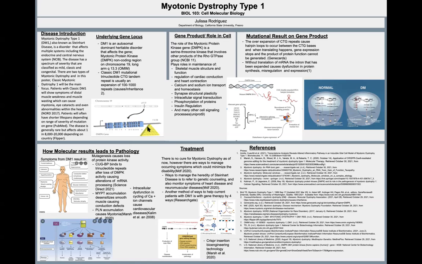Moving on to gene product and role in the cell, the proper role of DMPK is to produce the myotonic dystrophy protein kinase protein, which is involved mainly in muscle cell communication and heart and brain cell communication. Other functions of the DMPK gene include skeletal muscle structure and function, cardiac conduction and heart contraction.